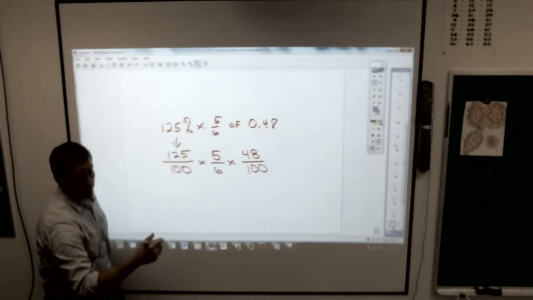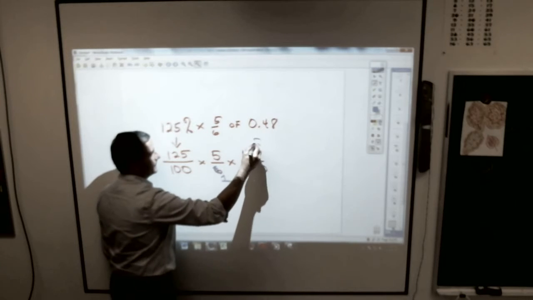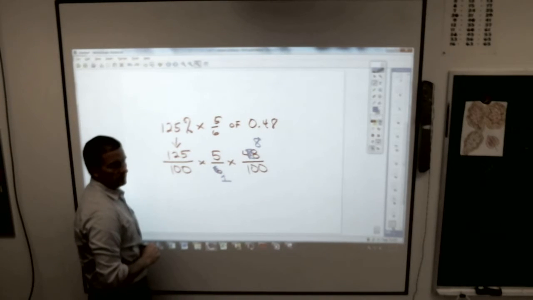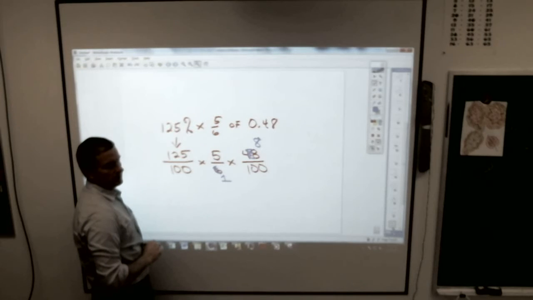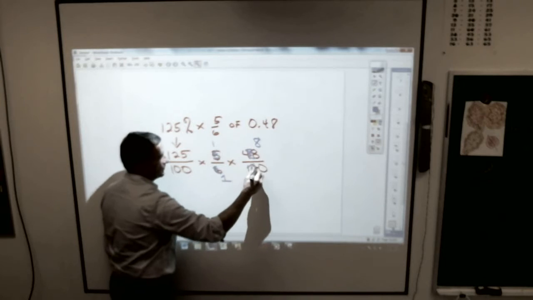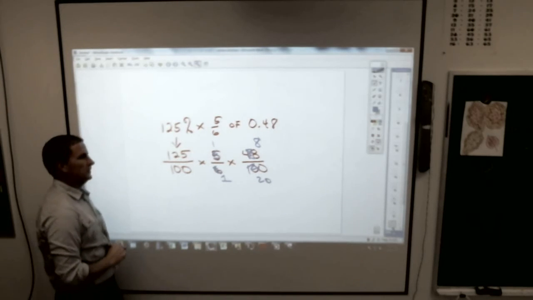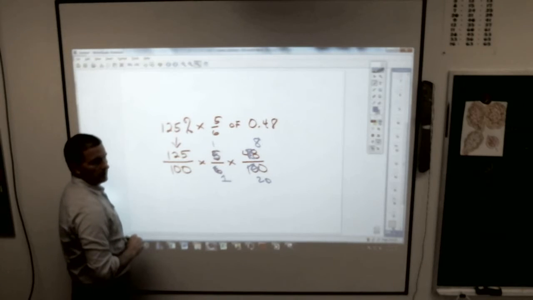What cross cancels? Yeah, 6 goes into 6 once, 6 goes into 48 8 times. Other things? 5 into 100, sure. 5 goes into 5 once, into 100 20 times. There's something else more and bigger. Elijah? Can we use 25?